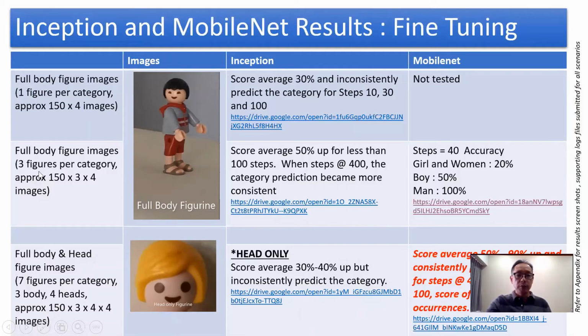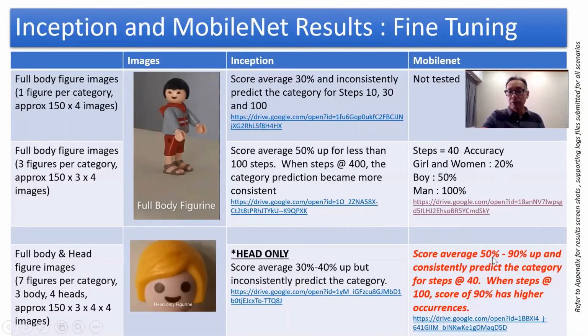With the full body figure, just 3 figures, there were some promising results where boy was 50% and man was 100% in terms of prediction rate. And the steps were only 40, so it's a much faster program to run. And then when I get to the main part of it, including the 7 figures altogether, full figure and the head, the results were significantly better.